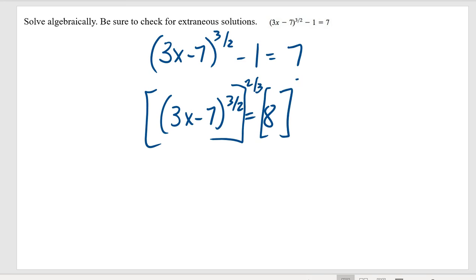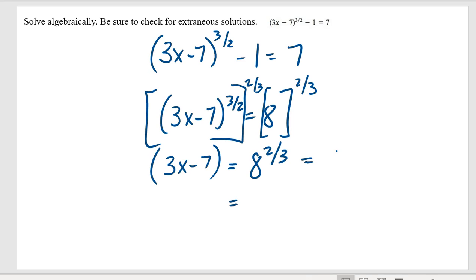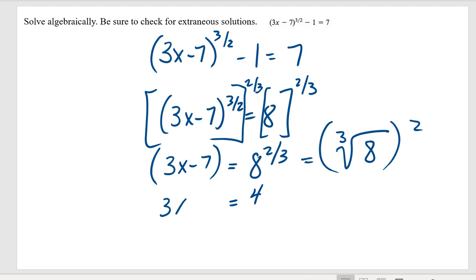And I have to do it to both sides. Whatever I do to one side in algebra, I have to do to the other. So we know that 3/2 times 2/3 is 1. So I'm left with the base. And this will be 8 to the 2/3. I can put it in my calculator, or I can think to myself, that means it's the cube root of 8 squared. That's going to be 2 squared, which is 4.